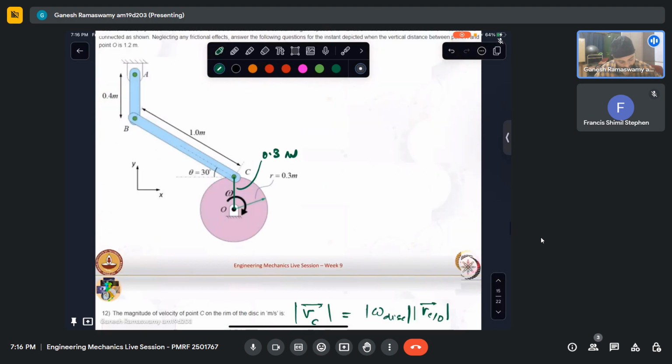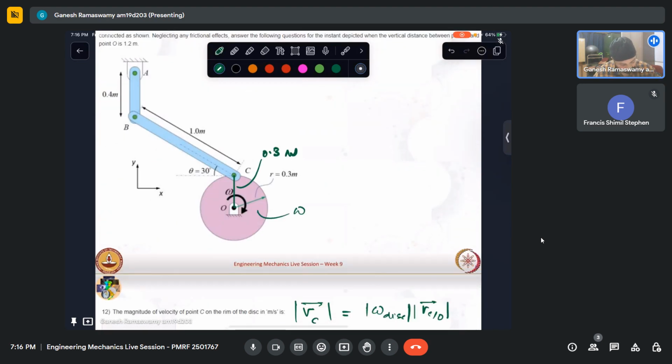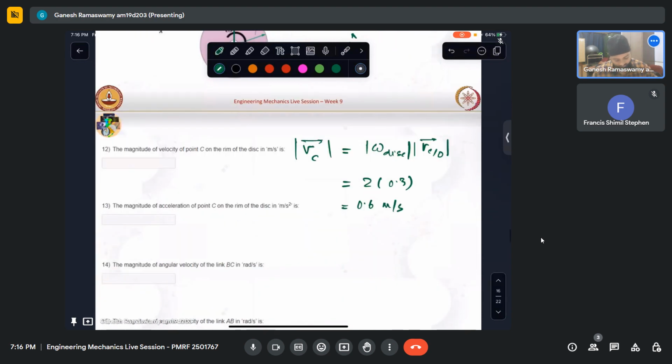This is rotating with 2, right? So this omega is minus 2 k cap actually. Okay, so we have the velocity of point C as 0.6 I and the magnitude will be 0.6 meters per second.